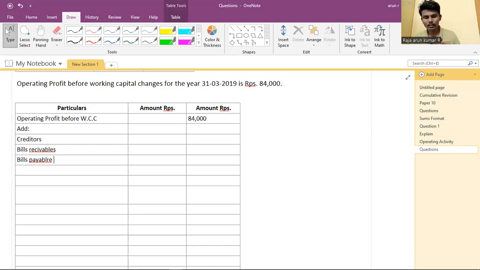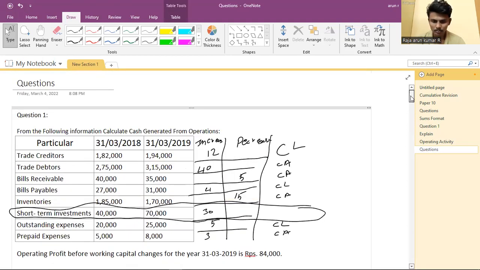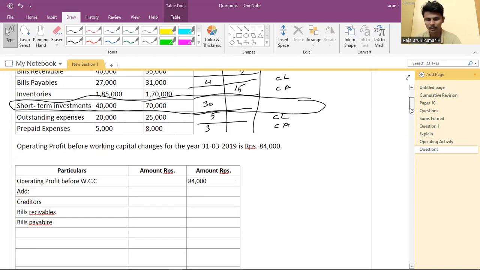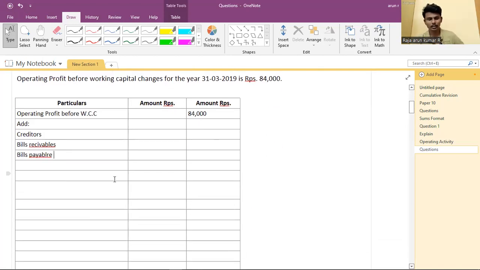Current asset decreases, add it. Current liability increases, add it. Current asset increases, less it, and current liability decreases, less it. That same format I follow.